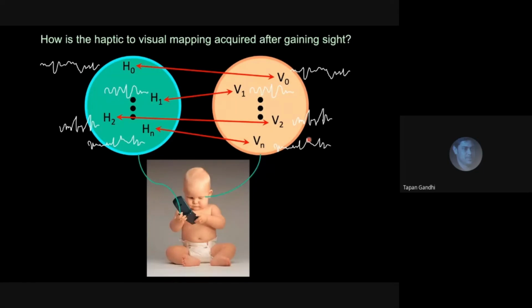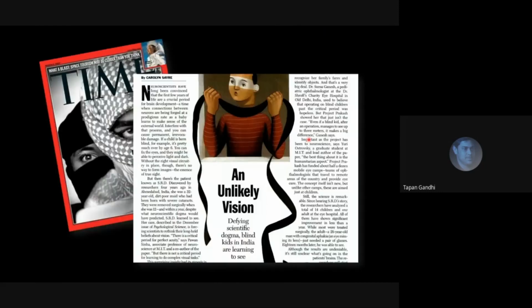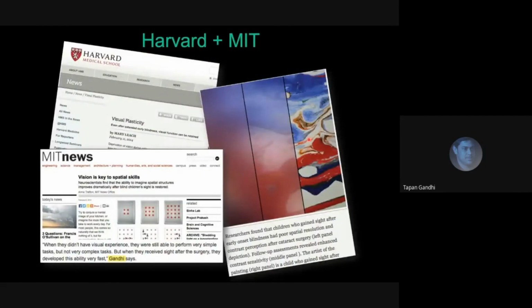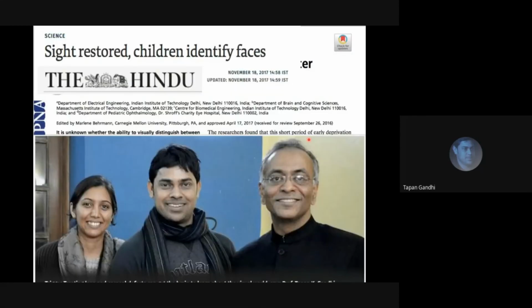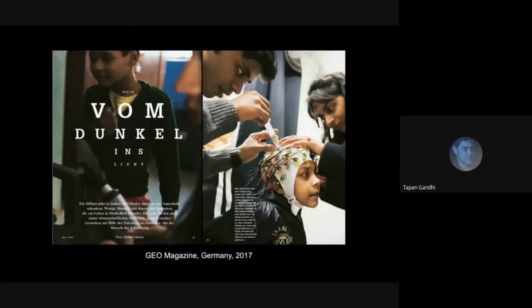Many of our research works have appeared in Science magazine, also the cover page of Science, Nature, Times magazine, Harvard and MIT News. This is what I was showing you, the MIT News: vision is key to spatial skills, and it got highlighted when I published this work. Also in many papers, The Hindu, the Wall Street Journal, and Geo magazine from Germany.